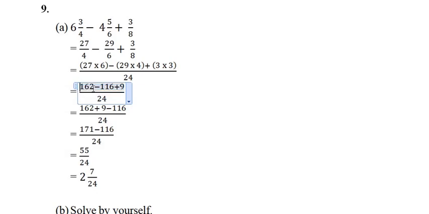We have already learned this in the previous chapter, sorry, the first chapter, integers. So you have to add these together, 162 plus 9, and then you will get 171, and then you just subtract 116, then you will get 55 by 24.